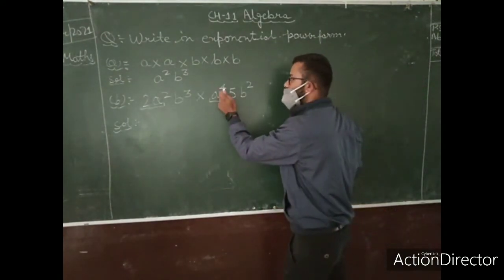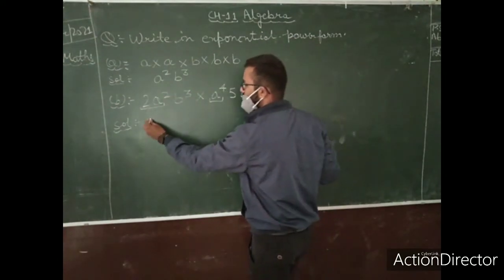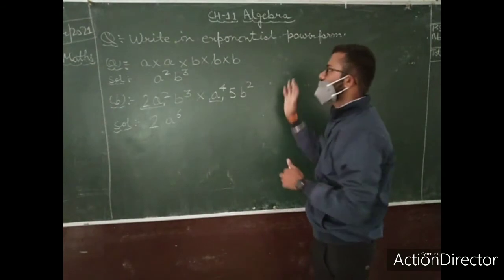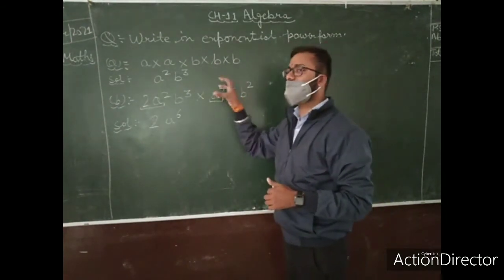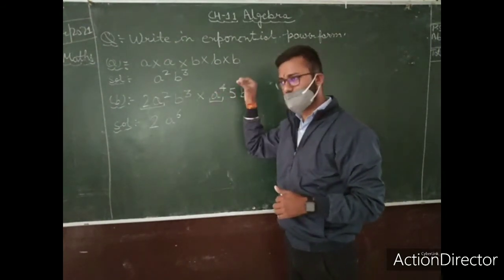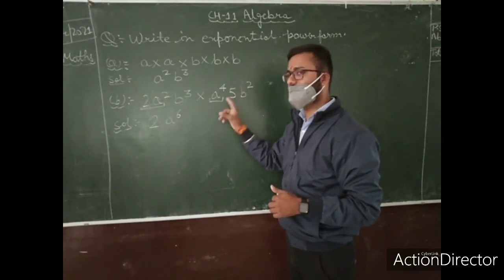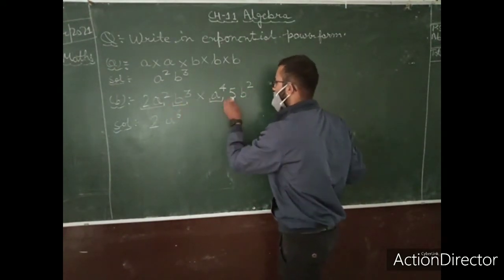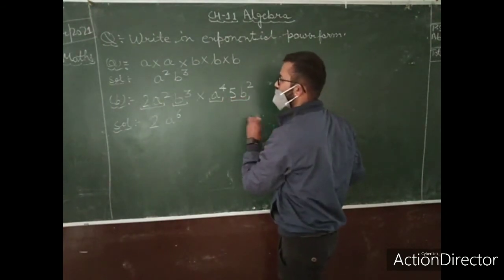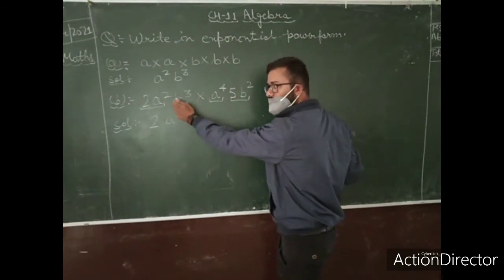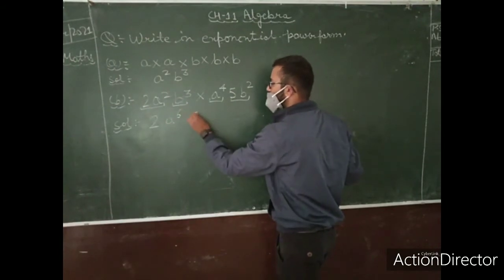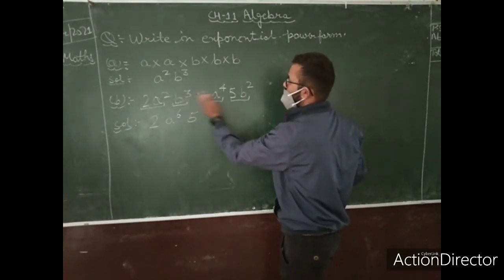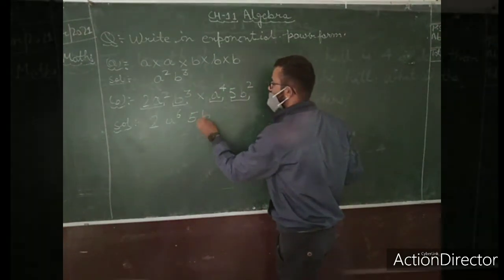For a, 4 plus 2 is 6, so we write 2a to the power 6. In multiplication in algebra, powers are added when the base is the same, like a. Now b and 5b squared. Here there is no number with b, so 5 ones are 5, then b to the power 5.